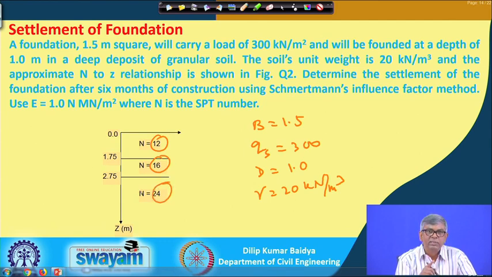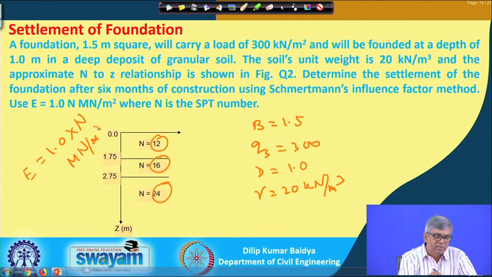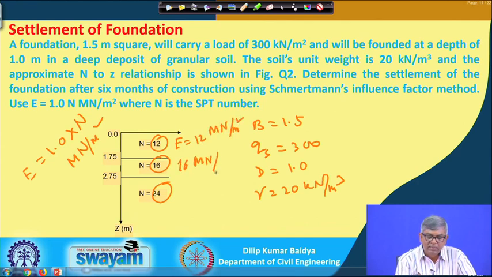The relationship of N to E is given here, E equal to 1 multiplied by N in meganewton per meter square. That is ultimately the first layer E will be equal to 12 meganewton per meter square, second layer it is 16 meganewton per meter square and third layer it is 24 meganewton per meter square.